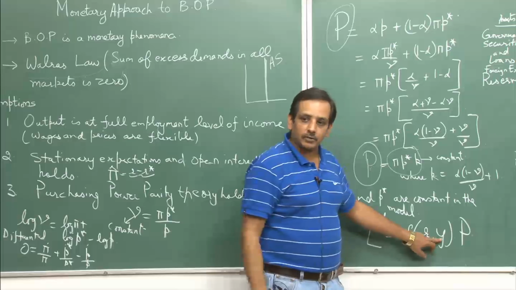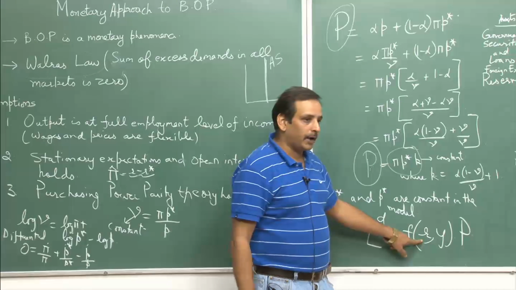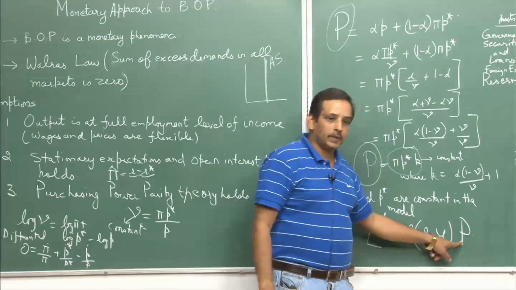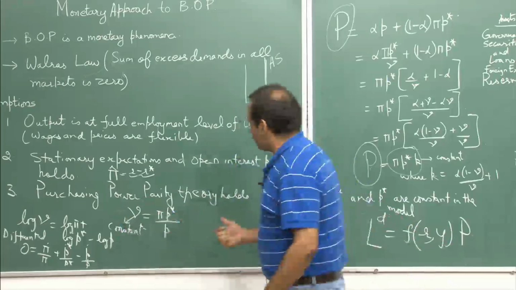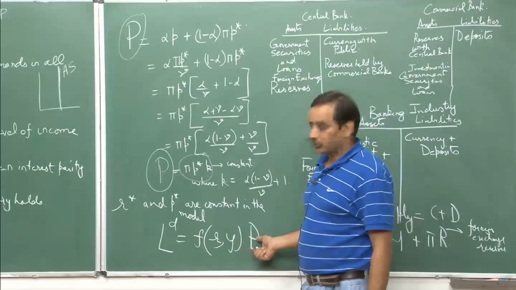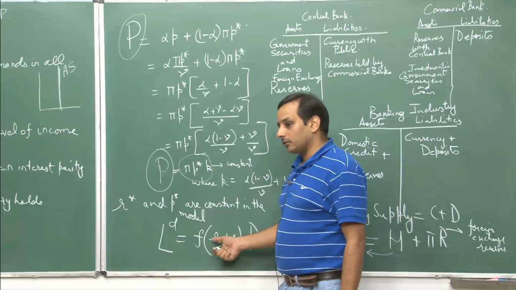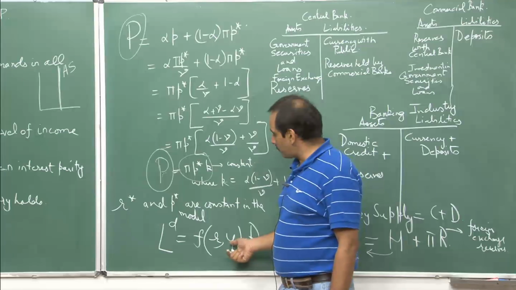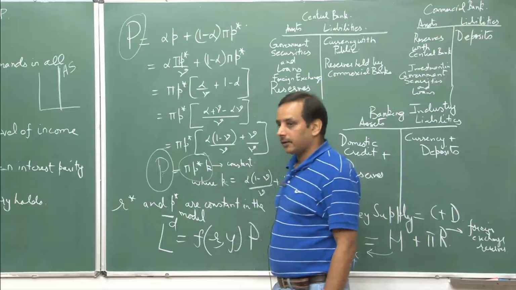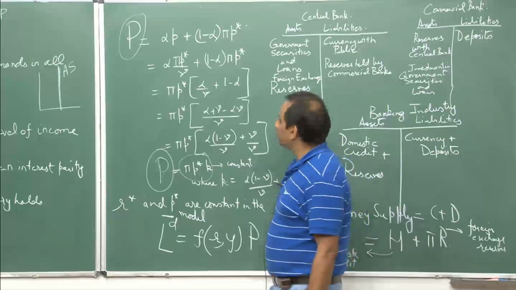Transaction demand is a function of income, speculative demand is a function of the rate of interest, and you have P. We see that P is a constant, r is a constant, output is at the full employment level. So, your money demand is fixed at L d bar.